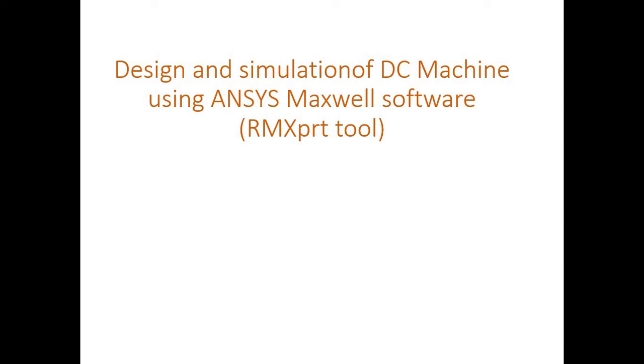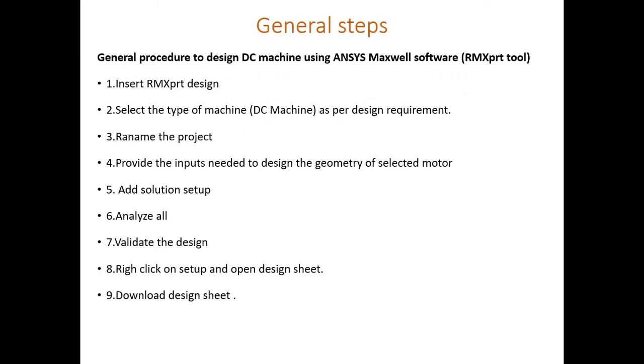So without wasting time, we'll start the demonstration of a design and simulation of a DC machine. Those who are new to this channel, please go to the video related to the introduction to the RMXpert tool, which is uploaded under this channel only. So till now we have discussed that whenever we are going to do the design of any machine using ANSYS Maxwell software, then we need to go through certain steps.